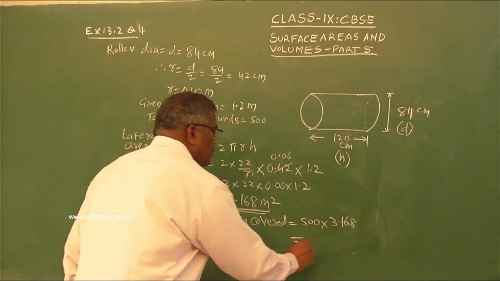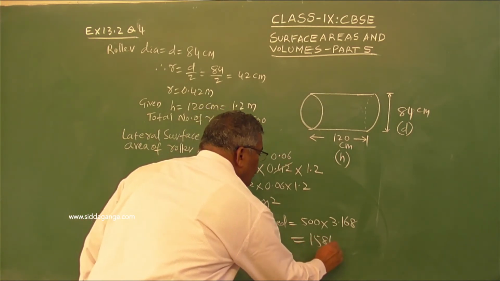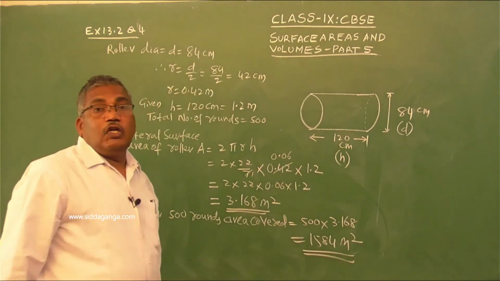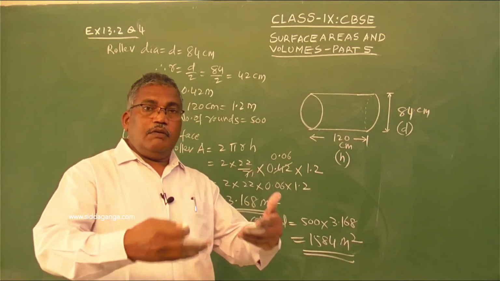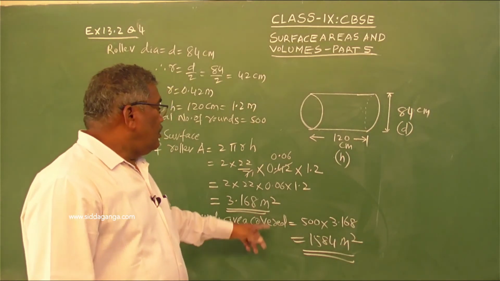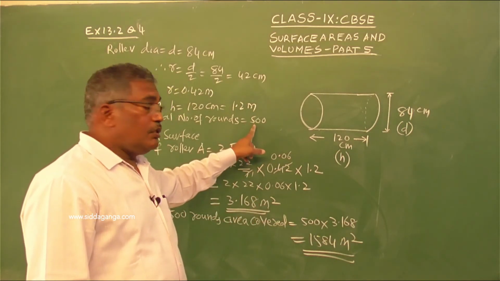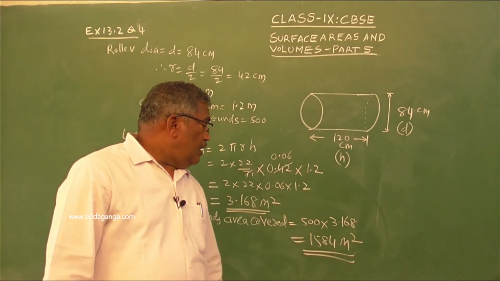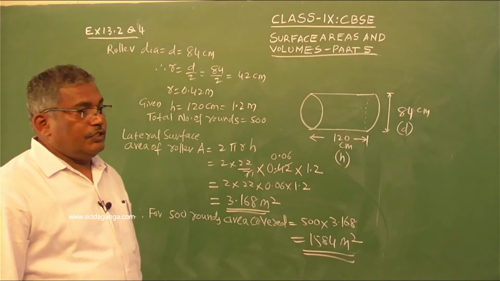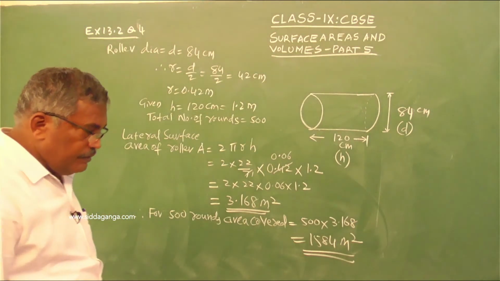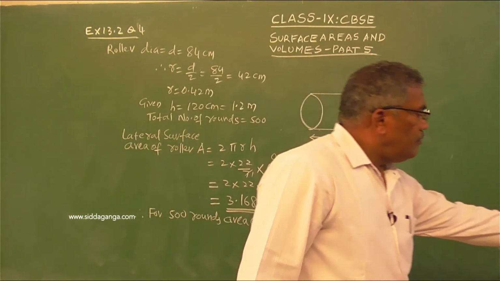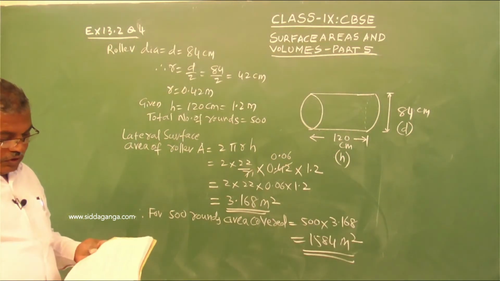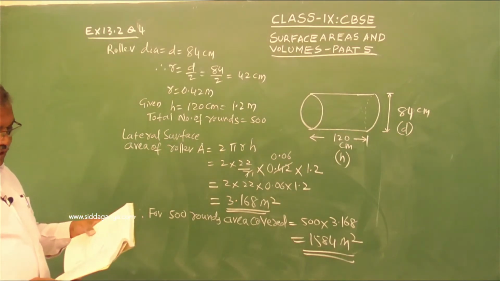So this you will get 1584 meter square. So if the roller revolves on the ground 500 rounds, the area covered is 1584 square meters. So this completes question number 4. Please note down. I will move on with the 5th one.